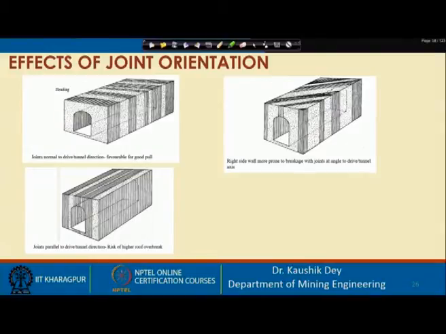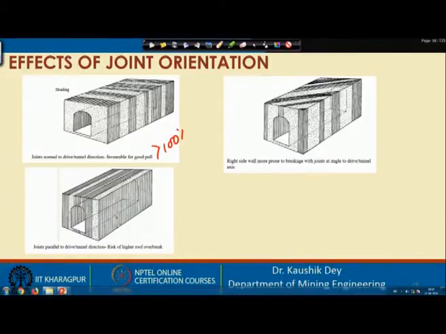So, you can understand this is the effect of the joints. If the joint sets are parallel, obviously, as we discussed in the last class about the pull, you will get good pull, because it is a very favorable condition, and you can even have more than 100% pull in this case.